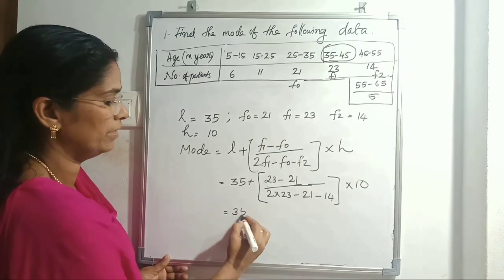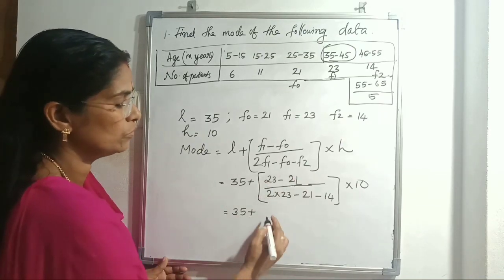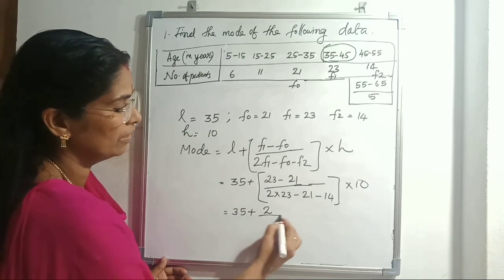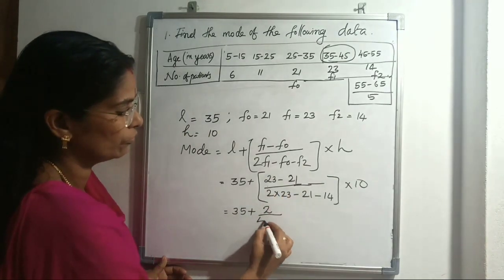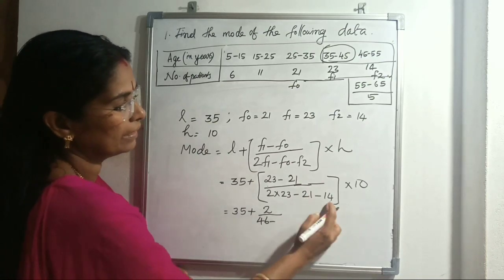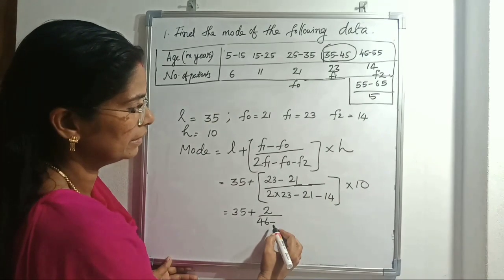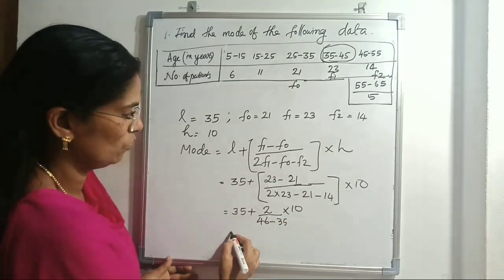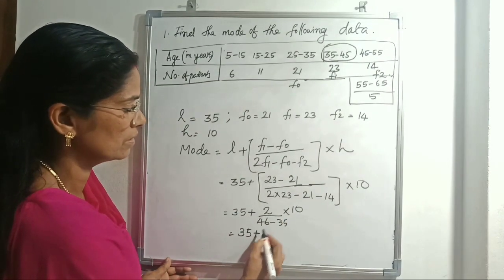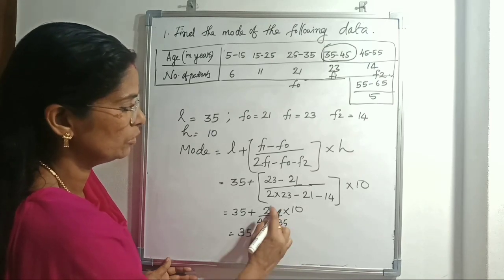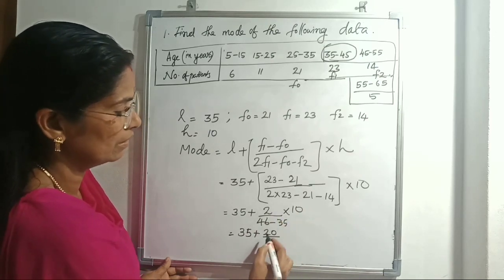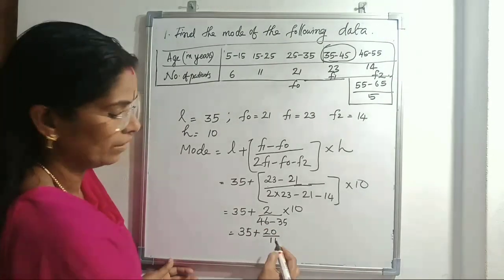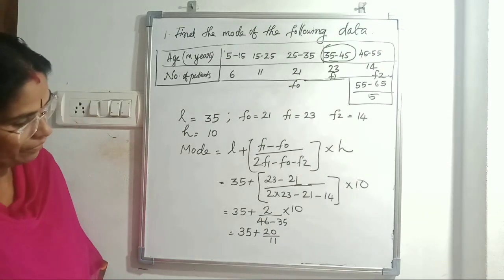Okay, we can simplify now. 35 plus 23 minus 21, that is 2 itself, divided by 2 into 23, 46, minus 21 and minus 14, which is 35, into H which is 10. Or we can write it as 35 plus 20 divided by 46 minus 35, that is 11. So 20 divided by 11.